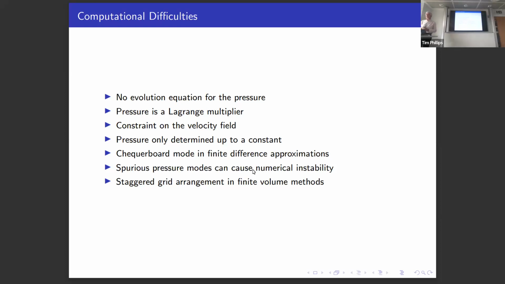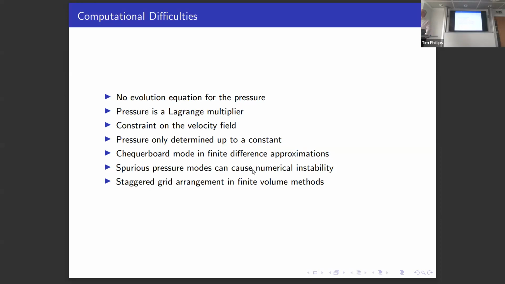When you're solving the Stokes equations on a structured mesh, just think of a normal Cartesian mesh, if you use central difference approximations for the pressure gradients, you get the occurrence of what's called a checkerboard mode. If you think of a checkerboard or chessboard and assign the values +1, -1 alternately to each row and subsequent rows, you can see by taking a central difference approximation of the pressure that the mode will be identically 0.